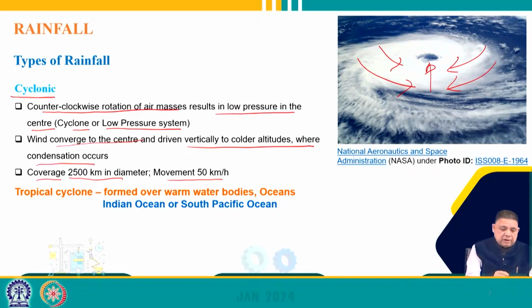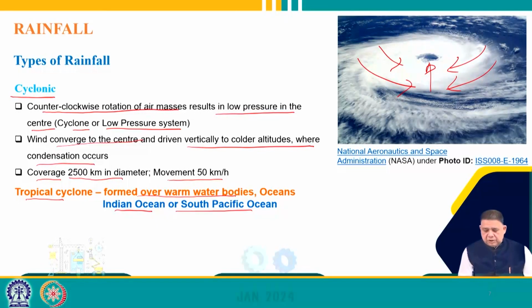Now, tropical cyclone is very common in tropics, and in India we keep on getting many of them, typically formed over warm water bodies, that is oceans, when the ocean temperature goes above a certain level, for example, the Indian Ocean or South Pacific Ocean.